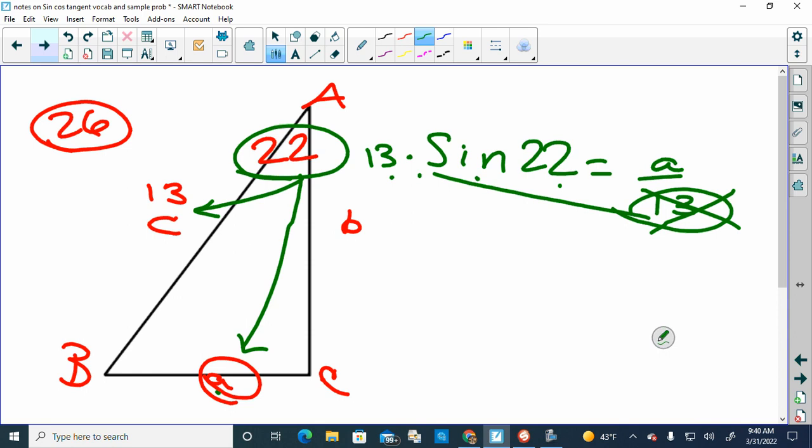Okay, so everybody else's calculator, you're actually going to go in the order it's written on this board. You're going to go 13 times sin, because yours brings up the parentheses, right? And the degree always goes in the parentheses. So you'll go 13 times sin, parentheses 22, and then equals. And we should get the same answer, okay? Which was 4.87.